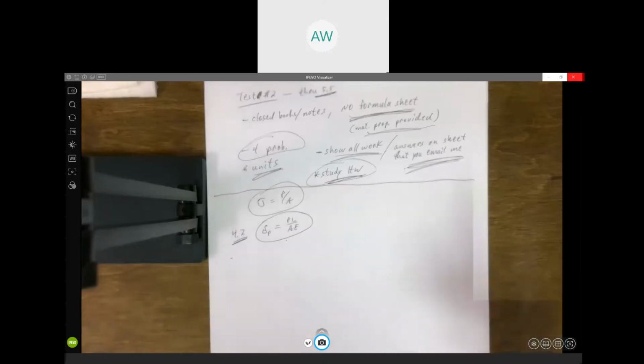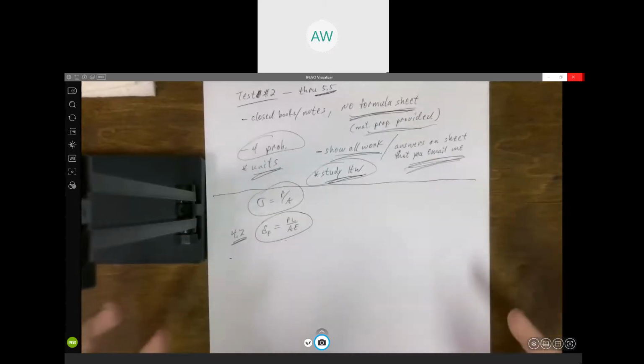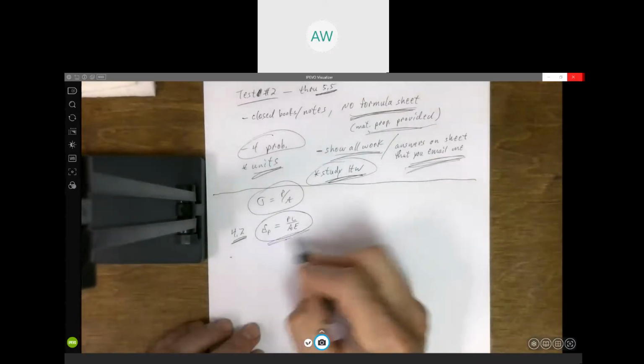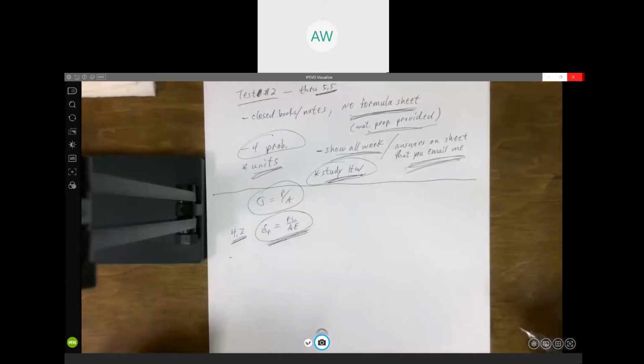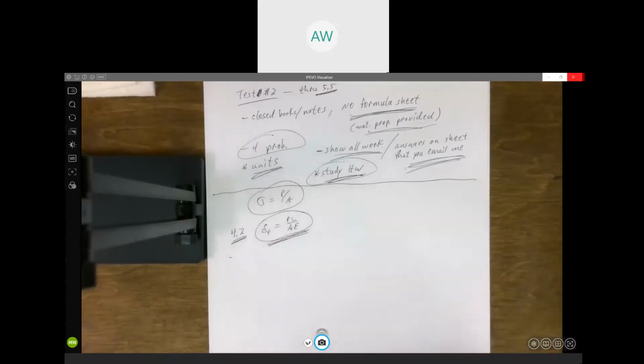So maybe we'll just take this section at a time. Any questions related to this section and applying this formula? I will remind you, in that section, there were some problems where the load changed, or the material changed, or the size of the cross-section changed.